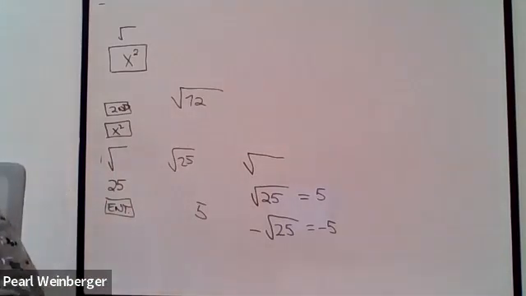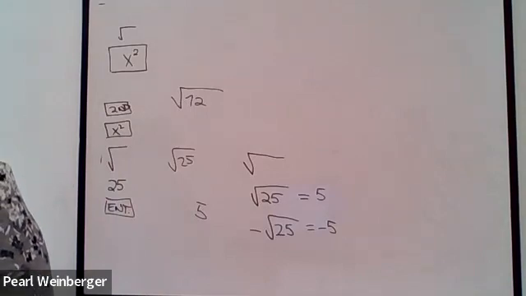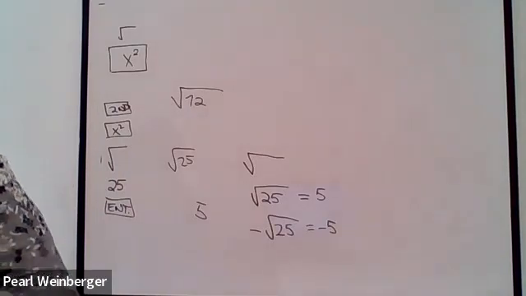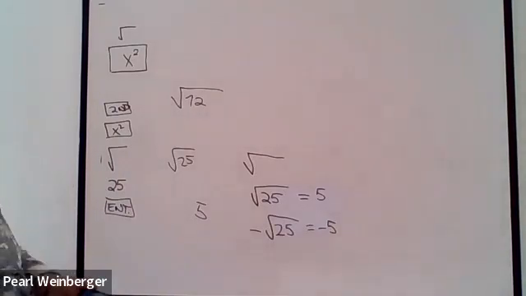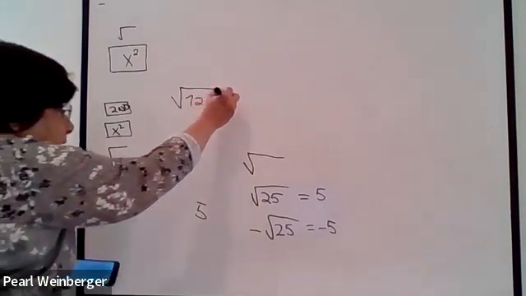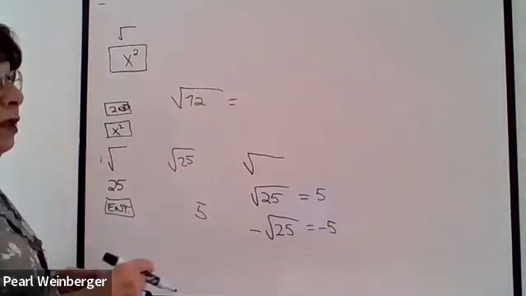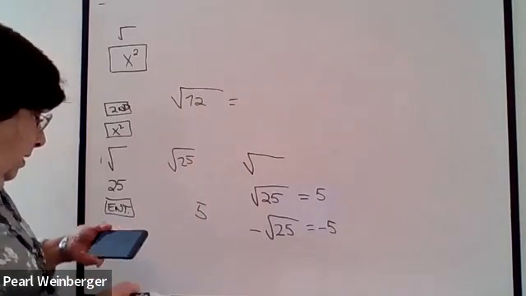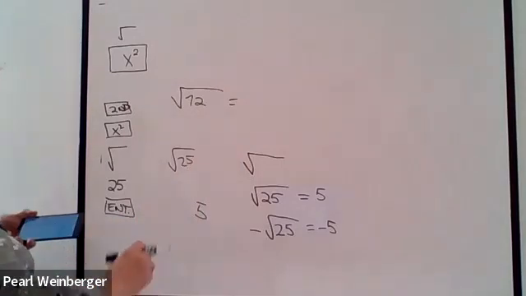But if I go to my calculator, and I put in the square root of 72, I will get a very long decimal. I'm not gonna go all the way. I'm gonna go to, let's say, 4 decimal places.